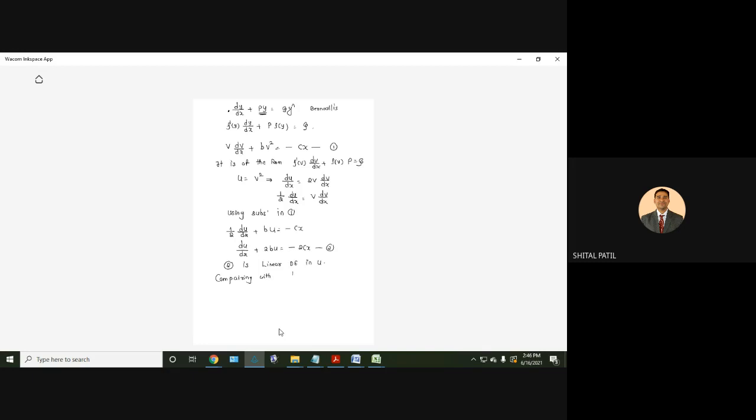Comparing with the standard form, P and Q should be constants or functions of x. Integrating factor.